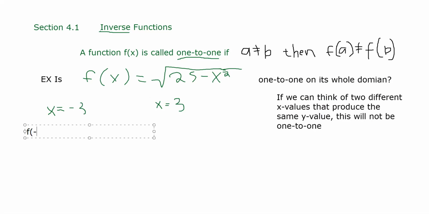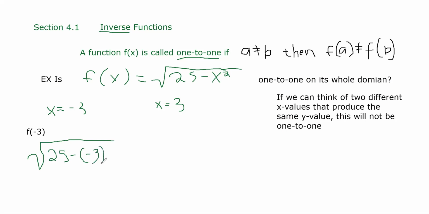So we're going to find f of -3. We need to figure out what their y values are. You put a -3 into this function, you're going to have square root of 25 minus (-3) squared.